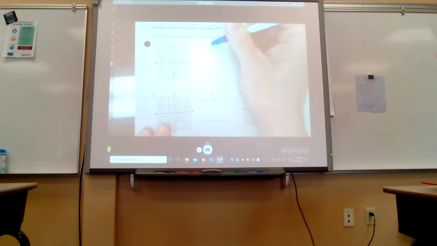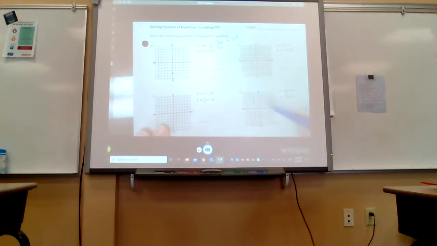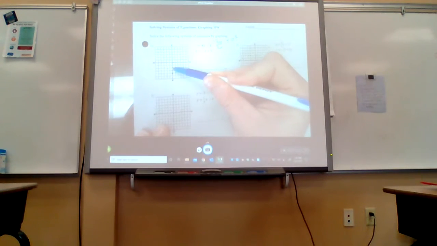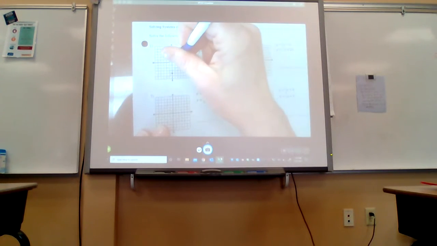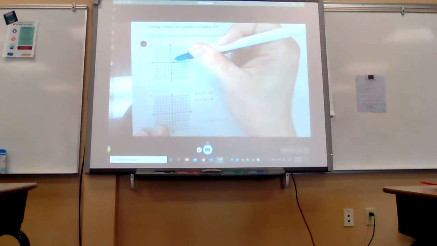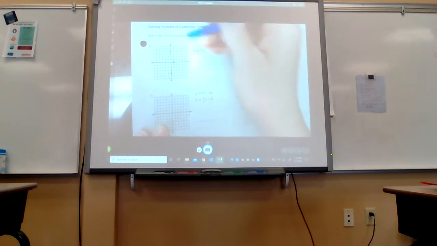So we started at negative 4, and this tells us to go up 4 over 1. Four can become 4 over 1. So we're going to go up 4, 1, 2, 3, 4 over 1.